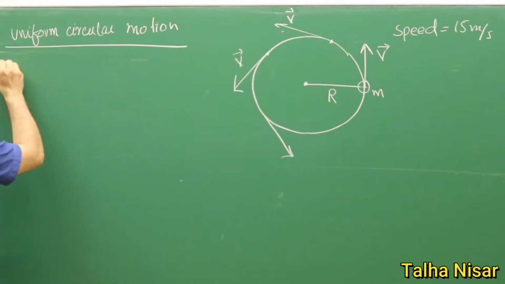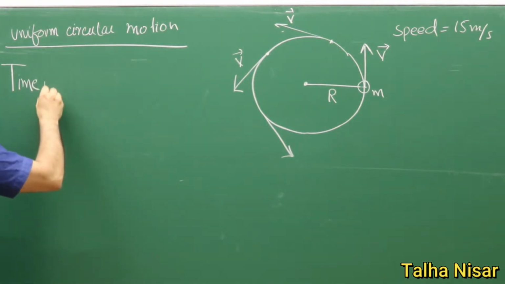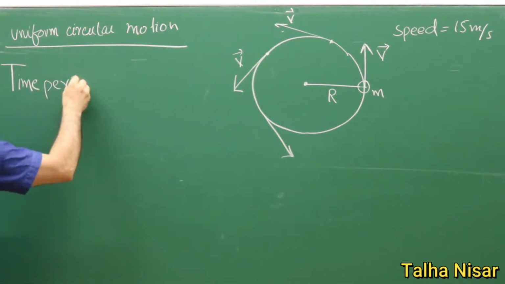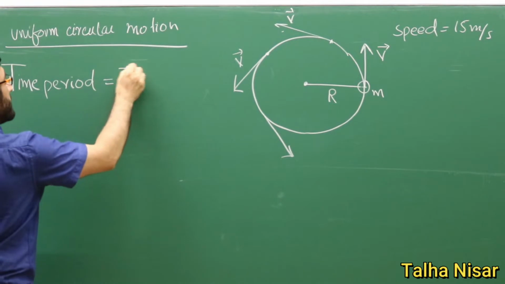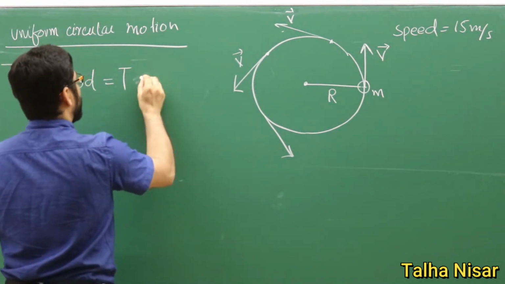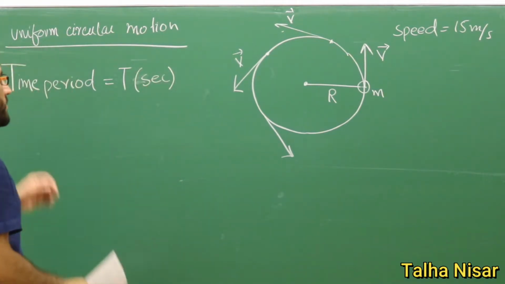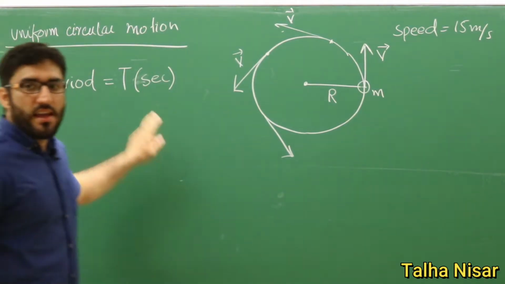The time period is represented by big T, and it's given in seconds. Seconds is the unit of the time period, the standard SI unit.